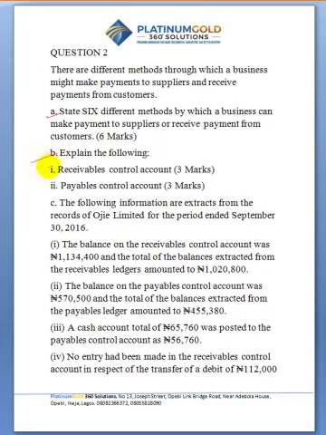B. Explain the following terms: 1. receivable control account, 2. payable control accounts. Let's attempt those ones before we come to C, which will require us to draw up a receivable control account, reconcile it, a payable control account, and also reconcile it.